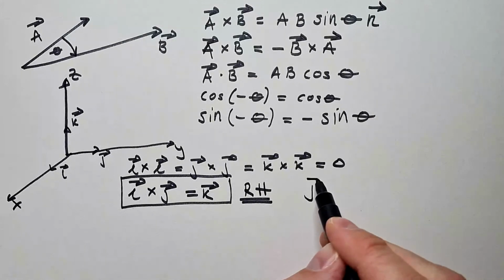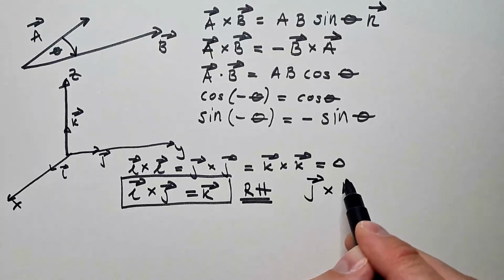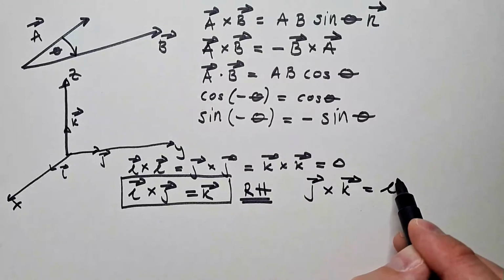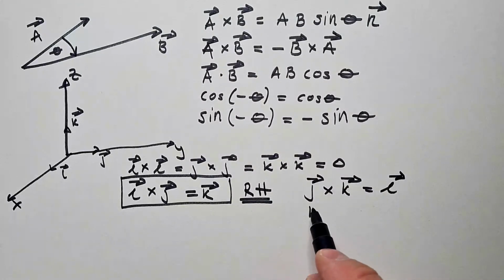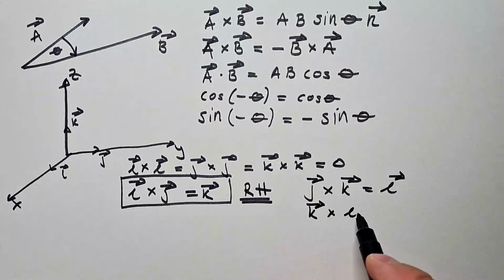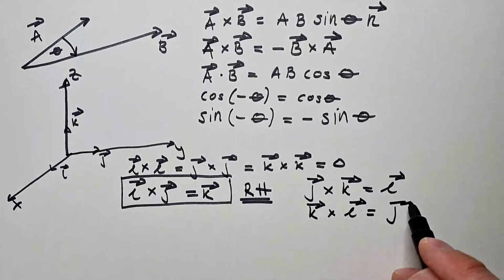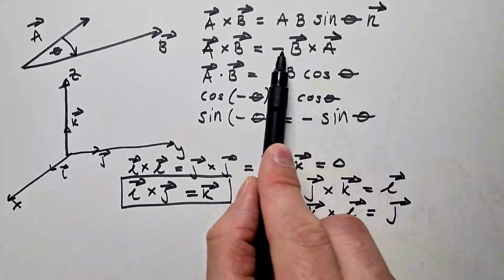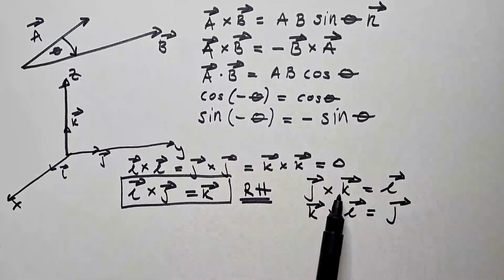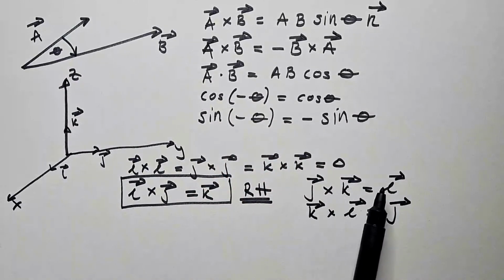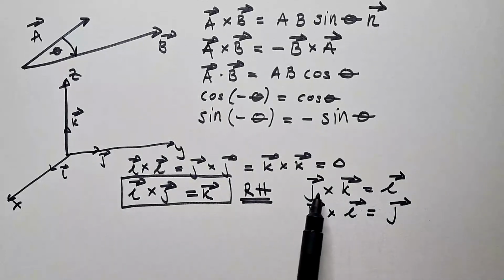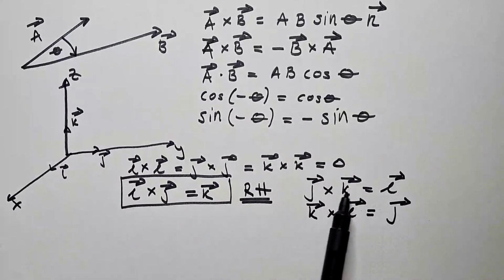We can also see that j cross k is i, and k cross i is j. Remember, following this rule, we cannot just reverse these. If we reverse these, we get negative i, for example, in case of this cross product here.